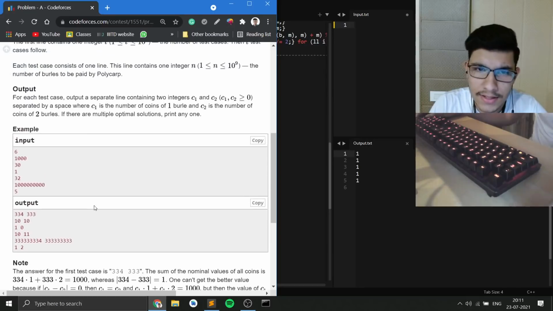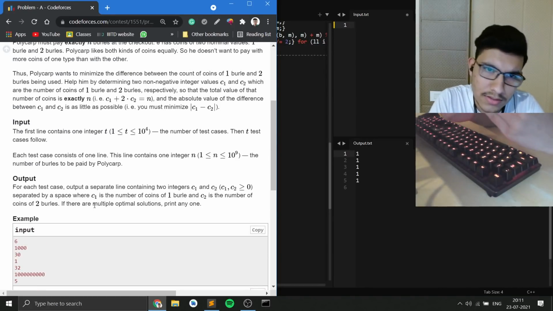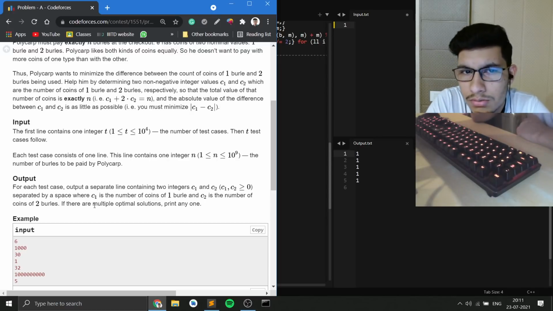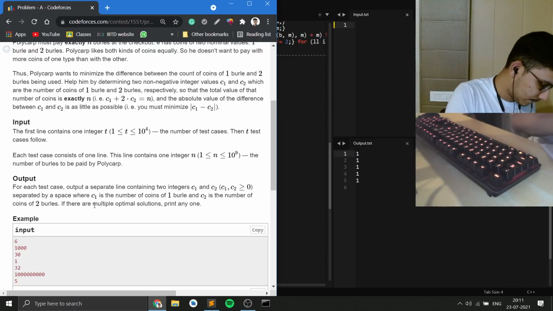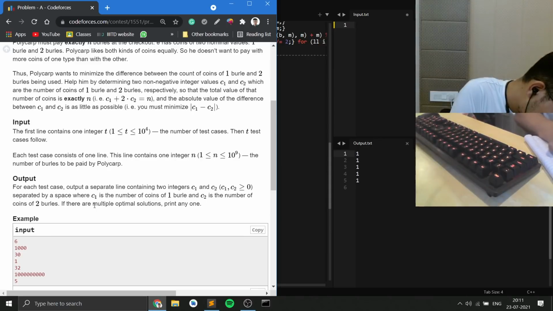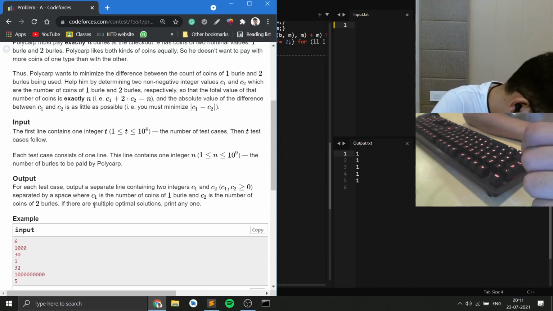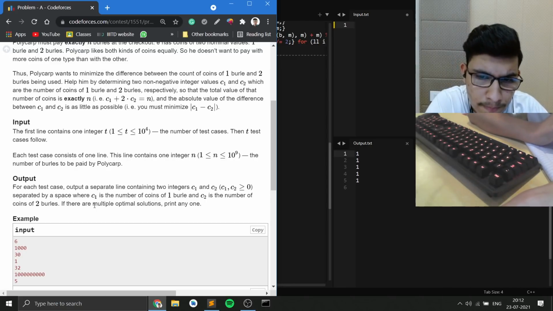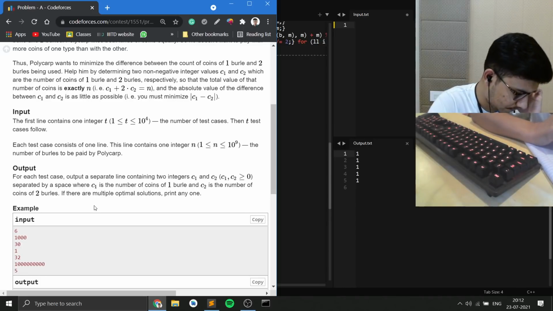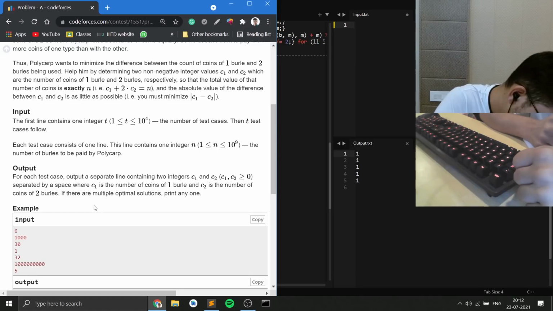Let's say I decide that both of these numbers are x, but one of them also has an increment. So I can have 3x plus y equals n, or I can have 3x plus 2y equals n. And I have to minimize y here.